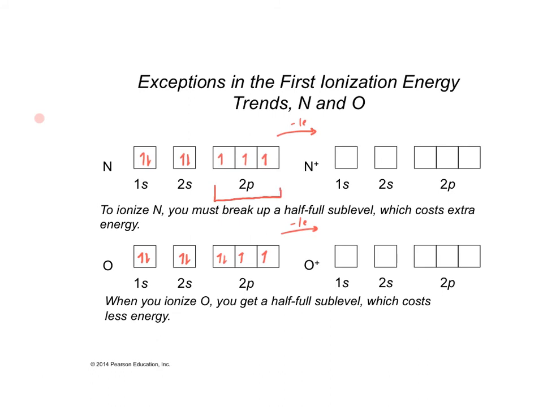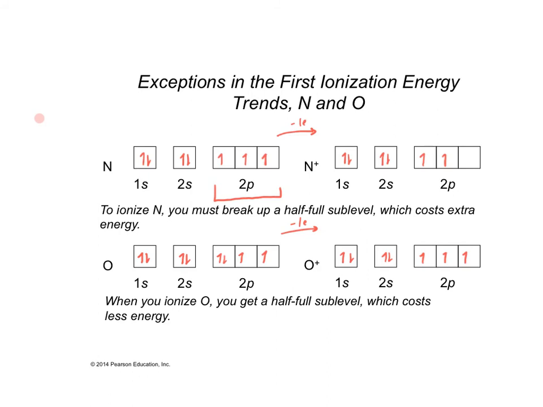When we take an electron away from nitrogen, we disrupt that, and we are left with this, which disrupts the half-filled p shell, which is energetically bad. On the other hand, for oxygen, when we take one electron away, we actually make it a nice half-filled p shell, which is, again, energetically favorable.